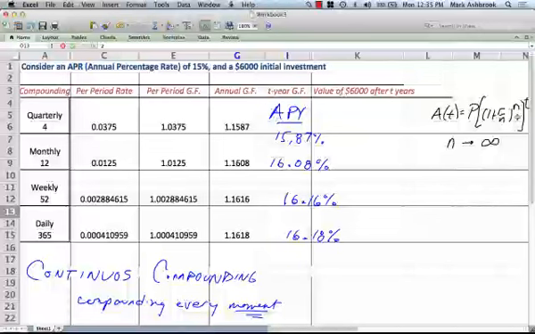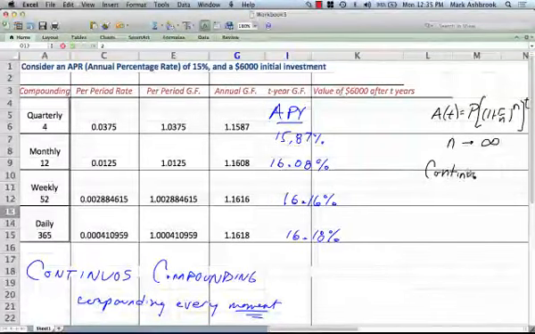Fernando's dying to say something. What would change would be your growth factor. You would still have the principal, you would still have the amount of years you compounded for, but your growth factor would change to e since you go to infinity. So he's right.